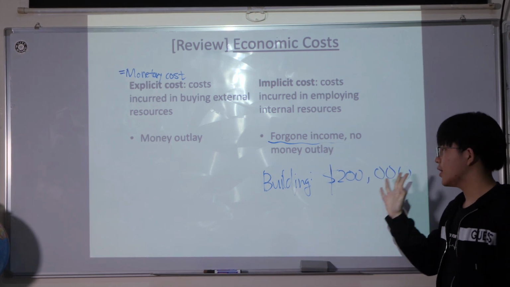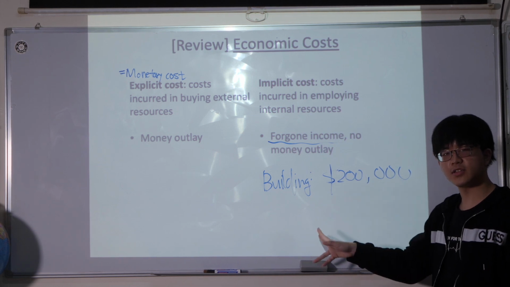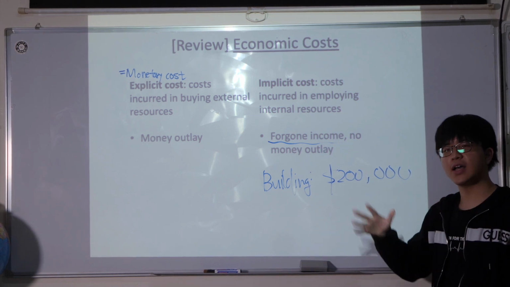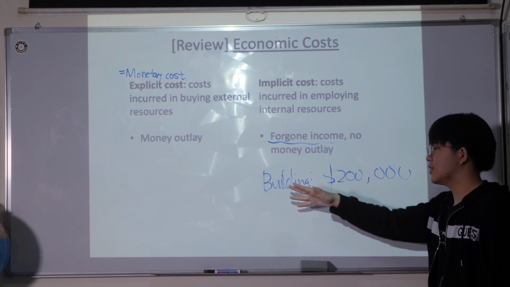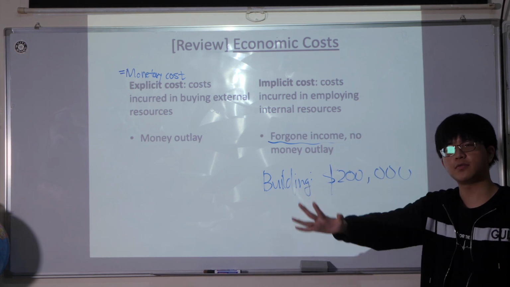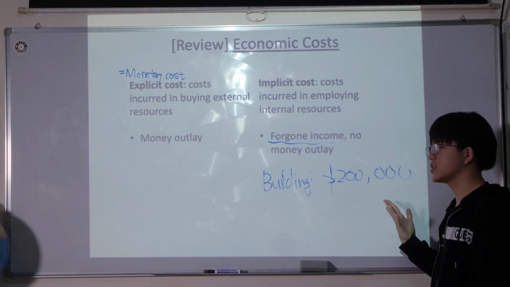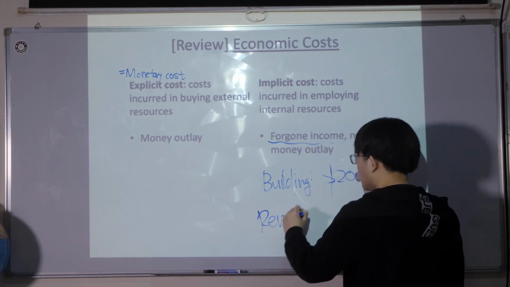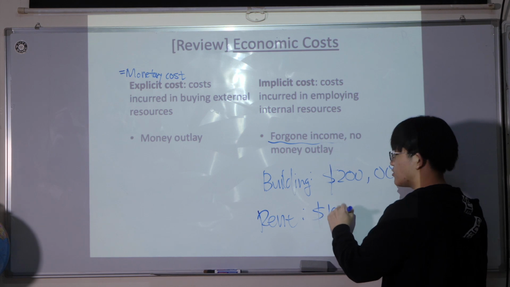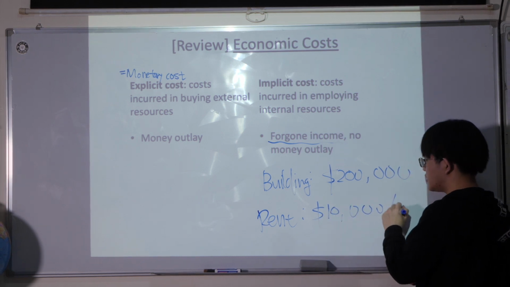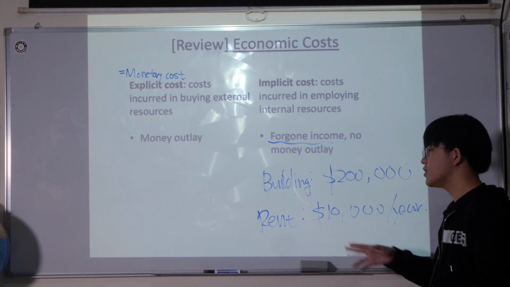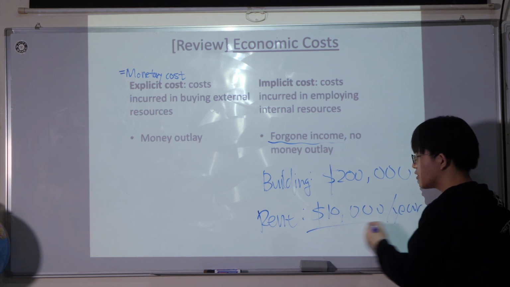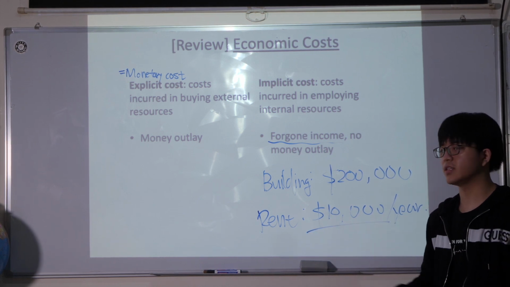But if I do not use this for my company and just rent the building out to others, then I can receive some income, right? The rent will be approximately $10,000 per year, just an example. Then this $10,000 will be the foregone income, or implicit cost, in this example.